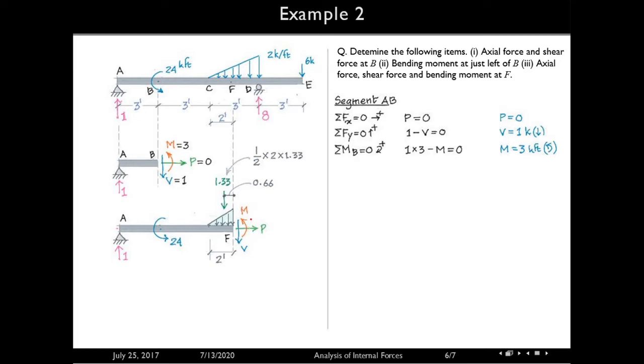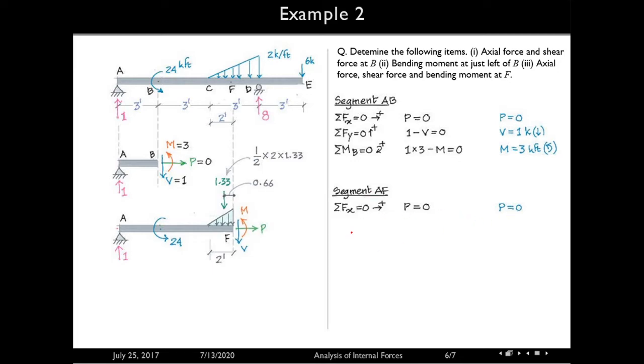Now we need to denote the conventional signs of shear force, axial force, and bending moment. Now we will be calculating these 3 using the equations of equilibrium. Firstly, applying summation of Fx equals 0, we can see that the only x directional force is P, which is acting rightward, and as we have considered rightward as positive, the value of P will be 0.